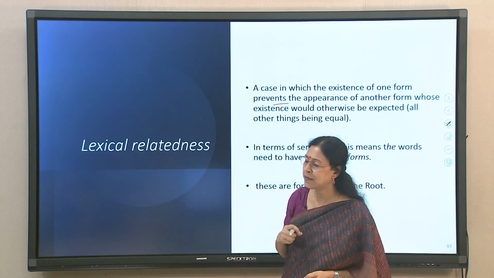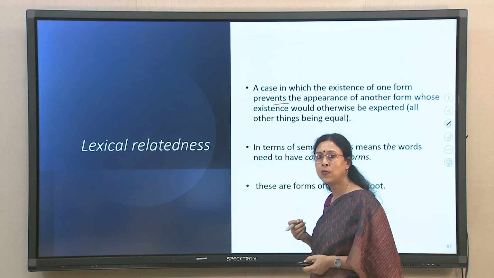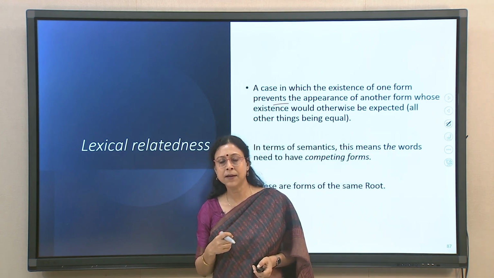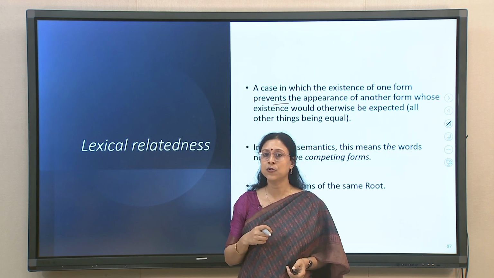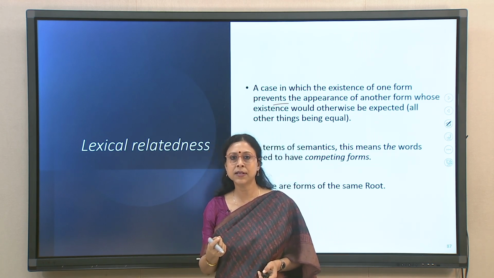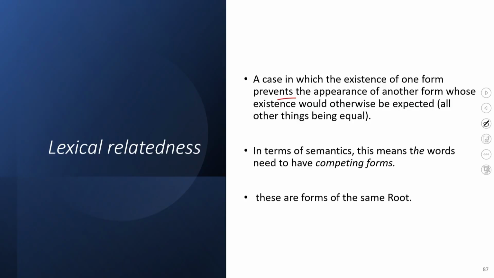In terms of semantics, the words need to have competing forms. They are forms of the same root, so they might be sharing the root, and that is why they are lexically related, and they will be sharing the meaning. They will have competing forms.